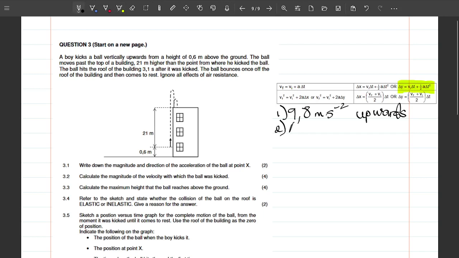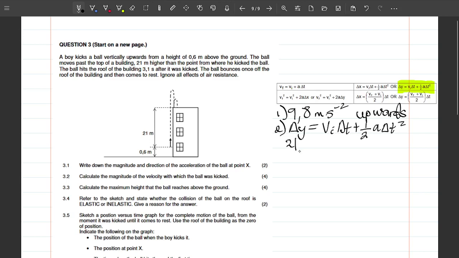So delta y is equal to vi delta t plus a half acceleration delta t squared. Nothing fancy, I'm just copying the formula. Now let's make the substitutions. What is the total height that it has traveled? Well, it traveled 21 meters.